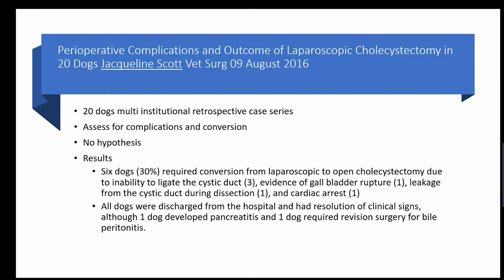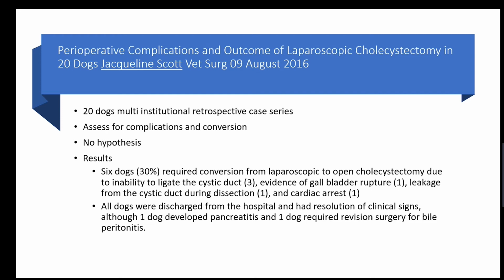They wanted to assess for complications and the number of cases that required conversion from laparoscopic to open surgery, and also to look and see if those cases that required conversion to open laparotomy had a higher rate of complication. This unfortunately was not a hypothesis-driven study. So they literally just reported that they did this in 20 dogs, so a little bit less useful.